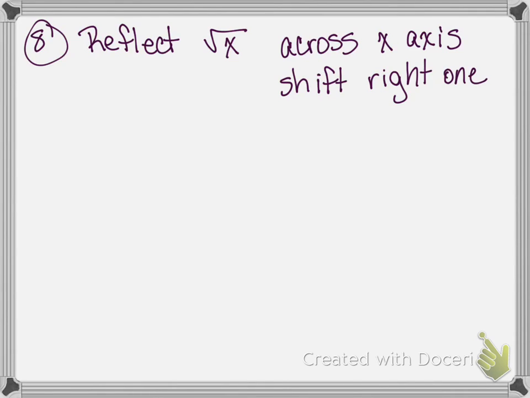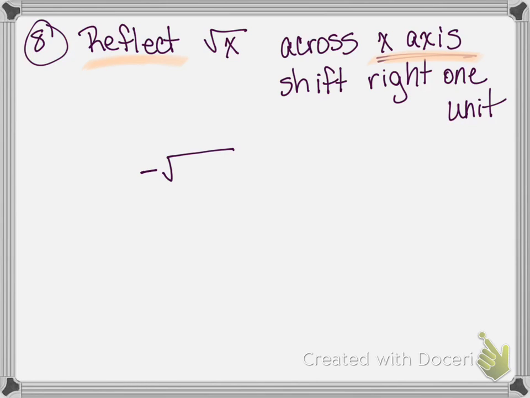Now, when I reflect across the x-axis, am I going to put the negative with the x, or am I going to put the negative outside the x? It's actually outside. So I'm going to put my negative on the outside of this. If I put it with the x, it would reflect across the y-axis.